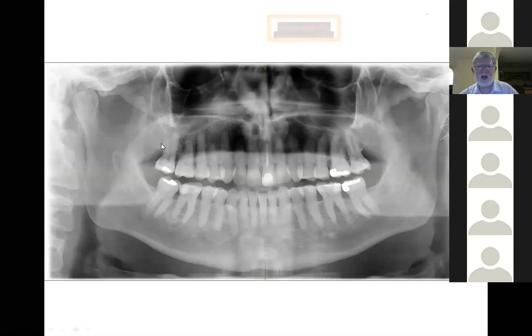Okay, so let's just talk about that there and that there a little bit. Unless you're seeing discolored teeth, unless there's been a history of trauma, you wouldn't expect anything to be going on there. This is, again, that superimposition of the vertebral column. We're looking at that tongue space across there.